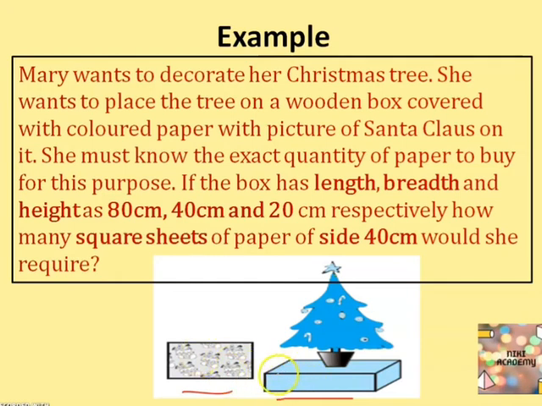So first we need to find the total surface area of the cuboid, and the square sheet is of side 40 centimeter. We have to find the area of one sheet, so that if you divide the total surface area of the cuboid by one sheet, you will get how many sheets she has to buy.